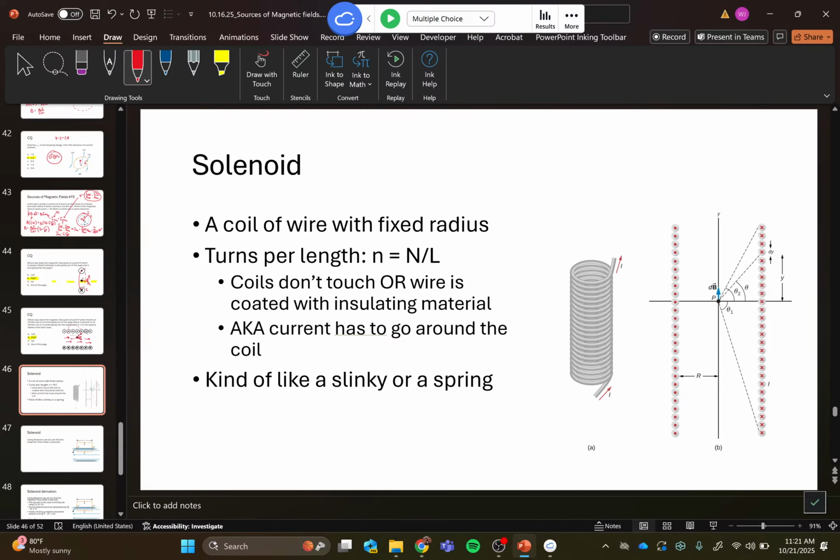If this is all metal, it's just going to go straight up and it's not very exciting for us. So to make a solenoid, you need an insulating wire such that these loops can't short. If they shorted, if this was a hunk of metal, why should they go in a circle? Current takes the shortest path it can. So we're going to force it to take that long path by making an insulator around it.